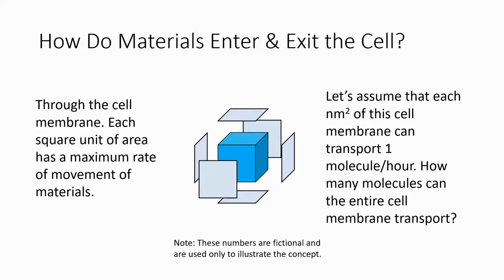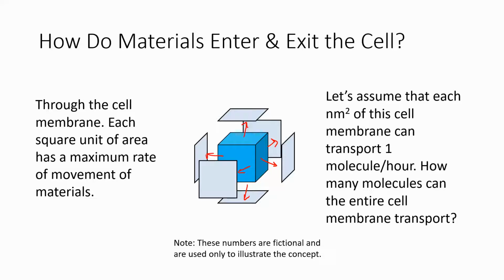They enter and exit the cell through the cell membrane, and I've given you a visualization of the cell membrane here. You could pull it off each side of this cube, and so you should see that these 6 squares form the cell membrane of this hypothetical cell.